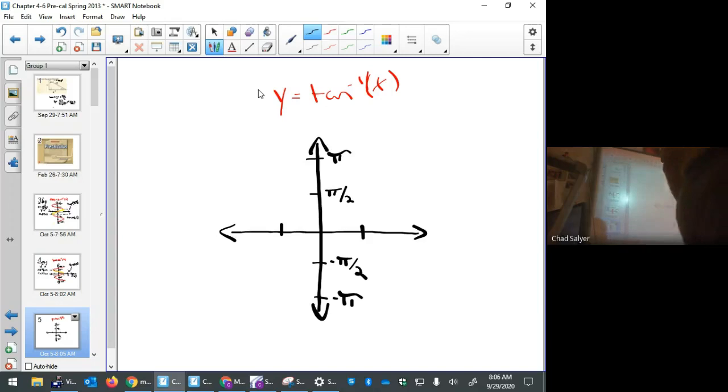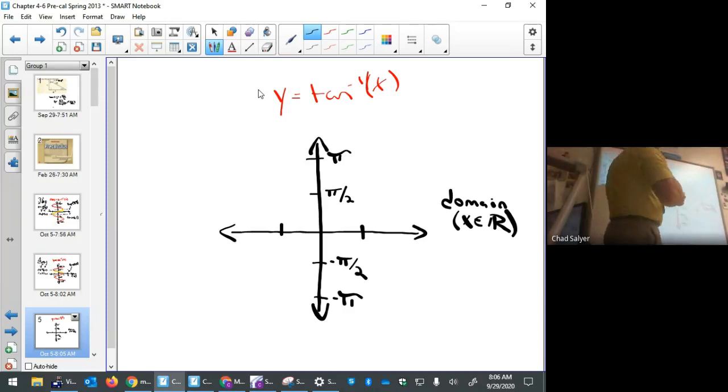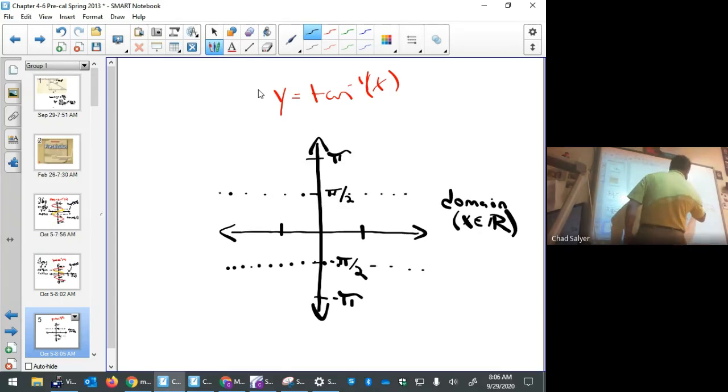So in this case, the domain is going to be all real numbers. We can pick any domain value we like for the tangent. The range values will have some issues that we'll discuss. So remember how we had vertical asymptotes at pi over 2 plus n pi. So those are going to manifest as horizontal asymptotes in the inverse tangent.